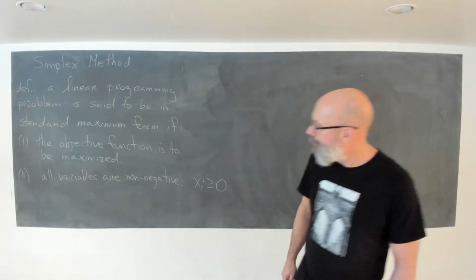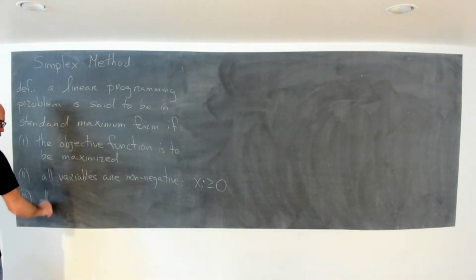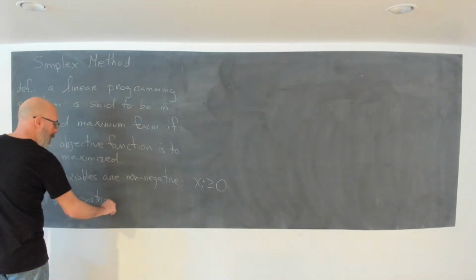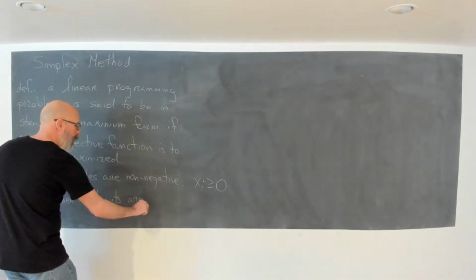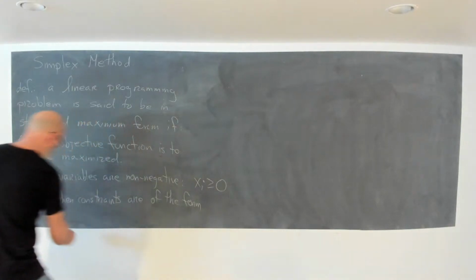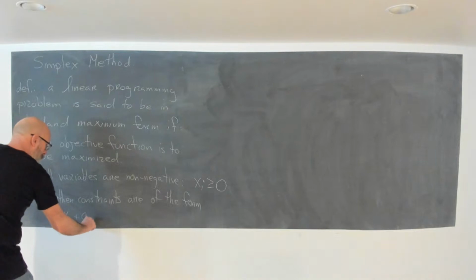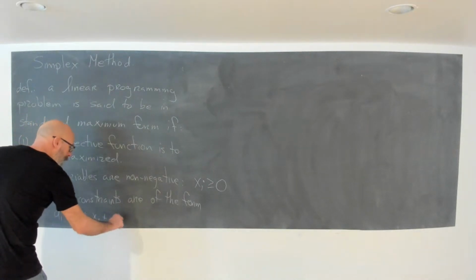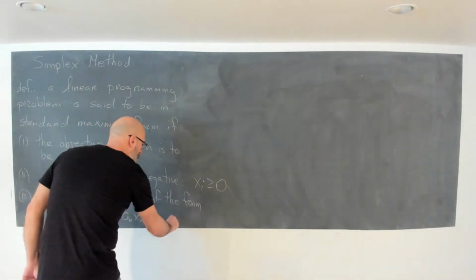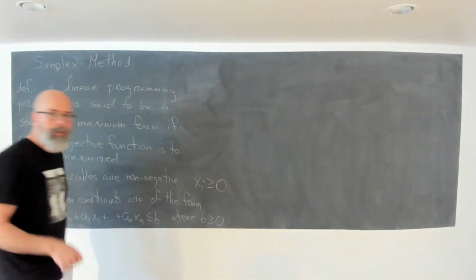All variables are non-negative, and all other constraints are of the form a1 x1 plus a2 x2 plus ... plus an xn less than or equal to b, where b is bigger than or equal to 0.